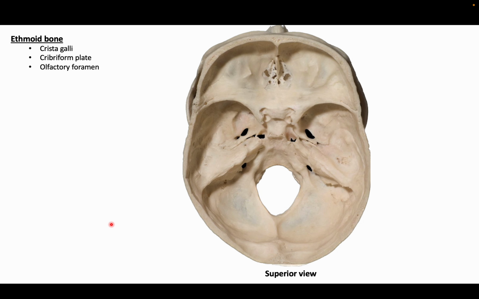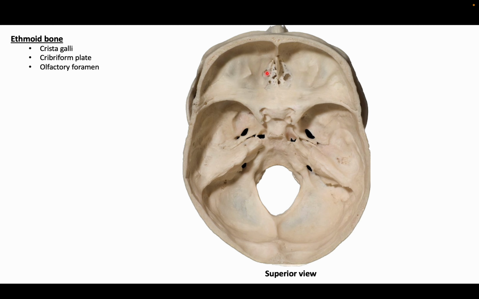All right, so from the superior view of the skull, you can still see that this is the ethmoid bone right here, the squarish bone. The crista galli, the thing that protrudes up, is right here, and this entire flat area is the cribriform plate. The holes that you see within the cribriform plate are the olfactory foramina.